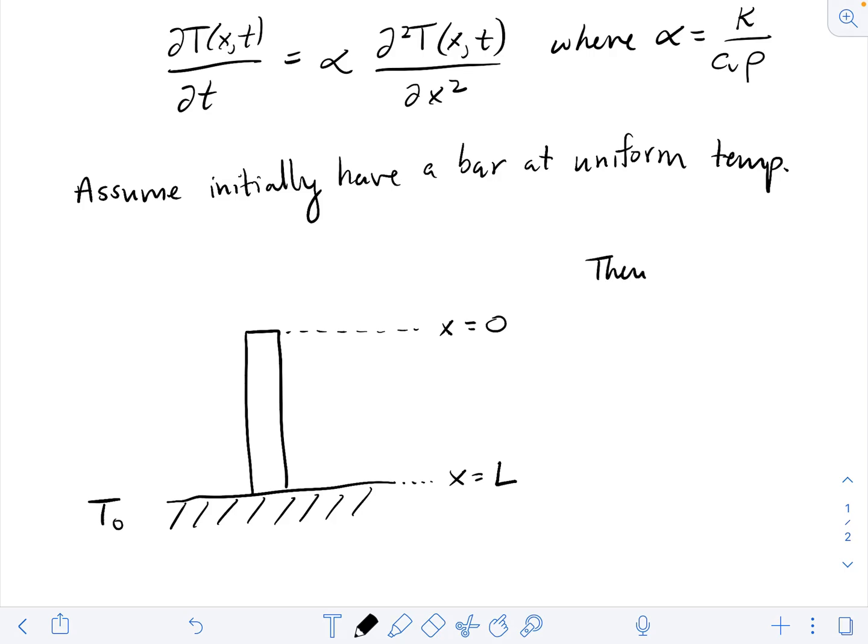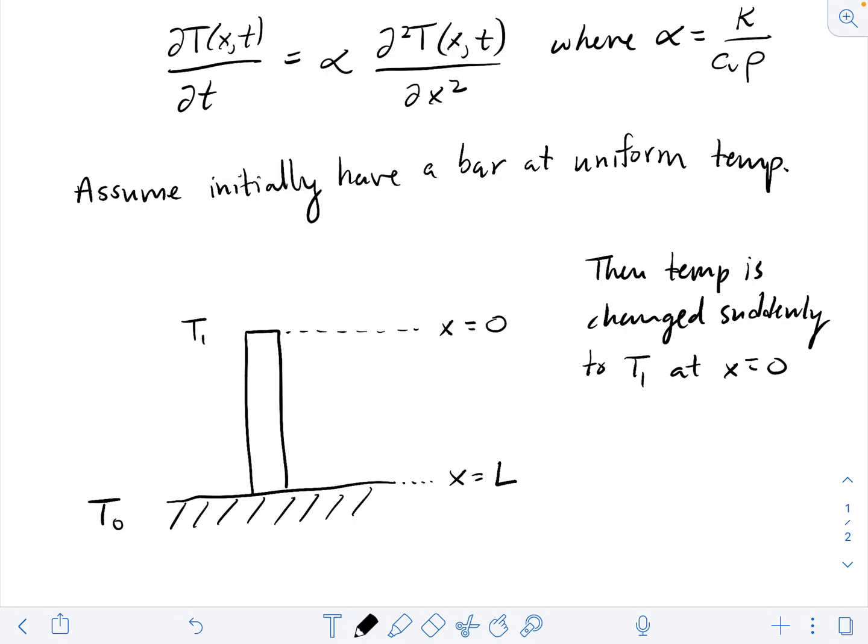Then the temperature is changed suddenly to T1 at x equals 0. And so maybe there's a heater or something connected to the top of the bar, and at some point we turn on that heater, and so at x equals 0 the temperature is suddenly T1.